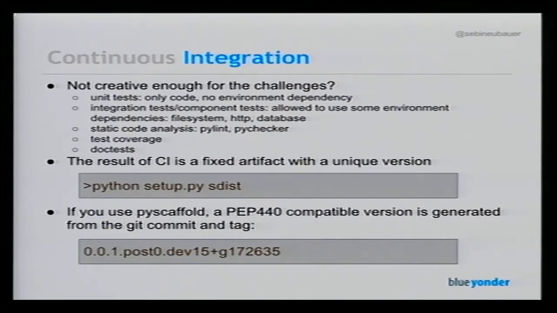Just to help you, if you're not creative enough for those challenges: normal unit tests, we all know what they are. My definition would be, we only test the pure code there, so we don't need any environment.